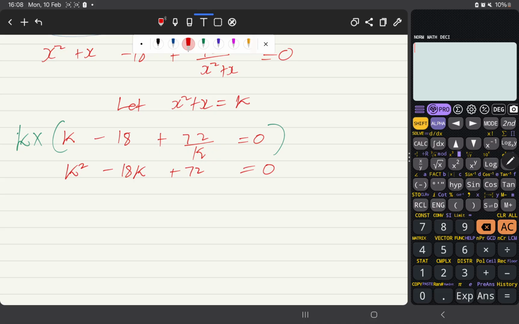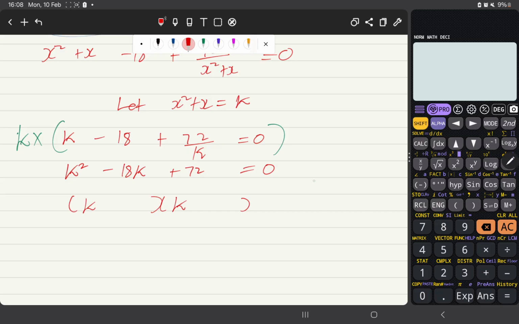Since the coefficient of k squared is just 1, I can have k here, another k, and then find the two factors of 72 that if I add them, they give me minus 18, but if I multiply them, they give me 72.